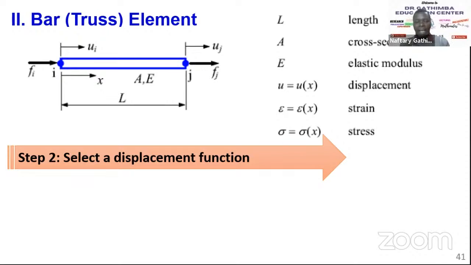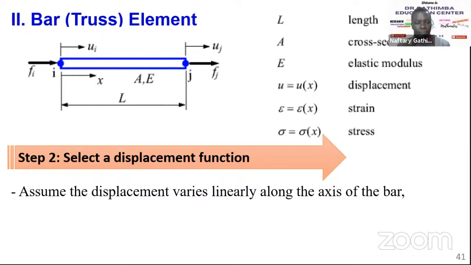We need to select a displacement function. To do this, we can assume that the displacement varies linearly along the axis of the bar. Why can we suitably assume this? Because we said in the assumptions that the bar obeys Hooke's law, and we are talking of an elastic bar element.